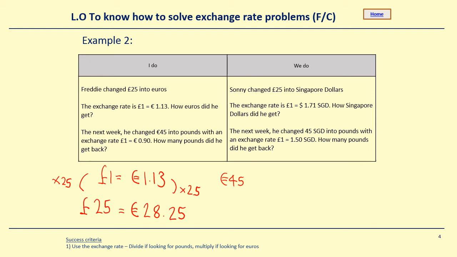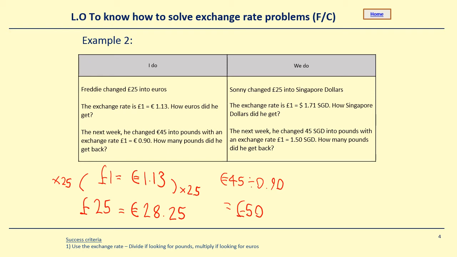We want to work out how many pounds he's got. So I'm going to divide it by 0.90. 45 divided by 0.90. That gives me £50. So there's my answer to the first part, there's my answer to the second part.